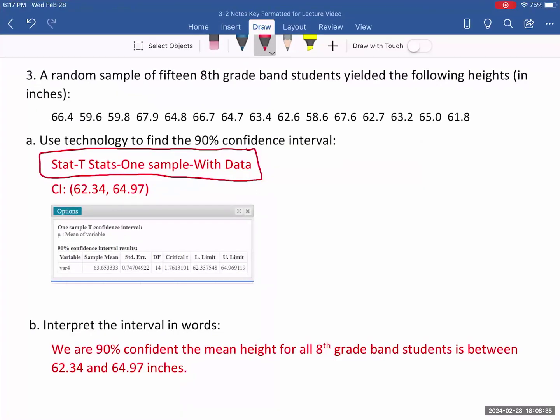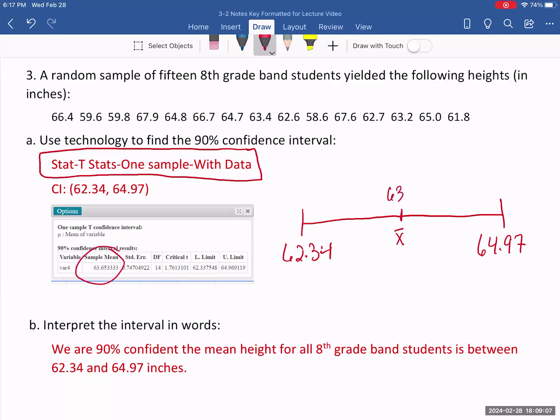So there's a copy of those results there. I can see that my confidence interval is going from 62.34 for the lower limit to 64.97 for the upper limit. And the sample mean, right in the middle, it actually gives me the sample mean there, was 63.65.